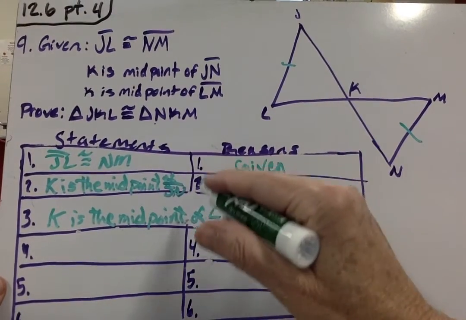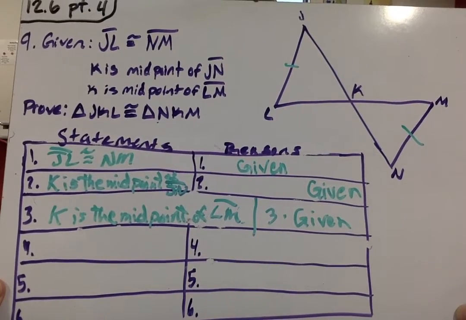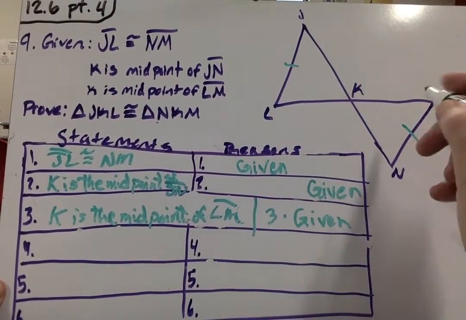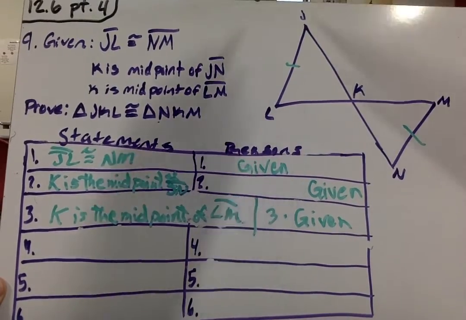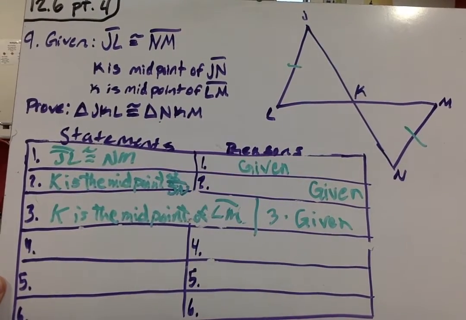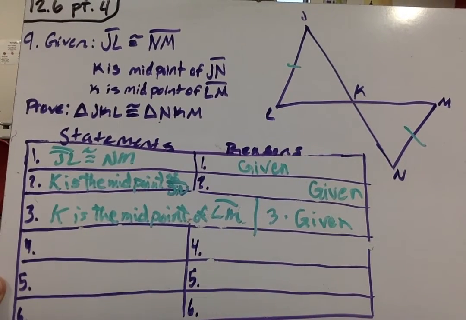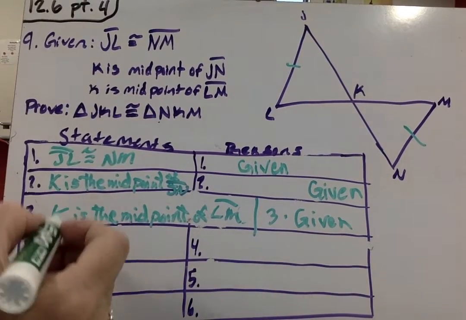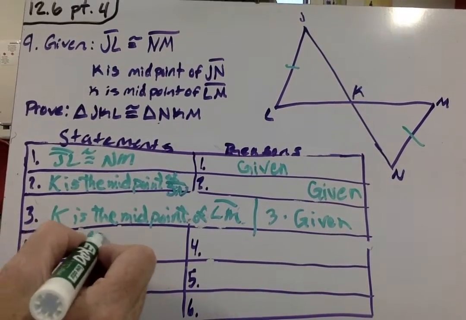So K is the midpoint of JN. Okay, so that's given. So we know that's the midpoint of this line segment, and that's the midpoint of this line segment. So we could say that JK is congruent.